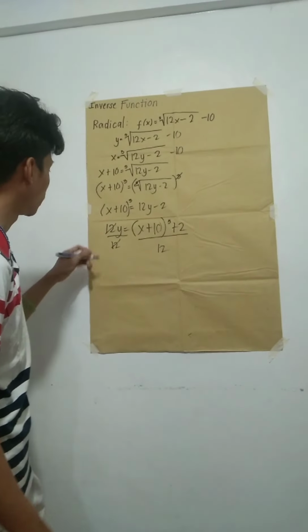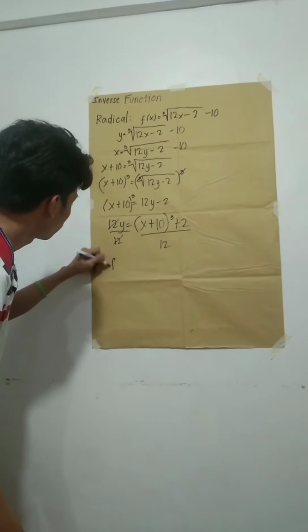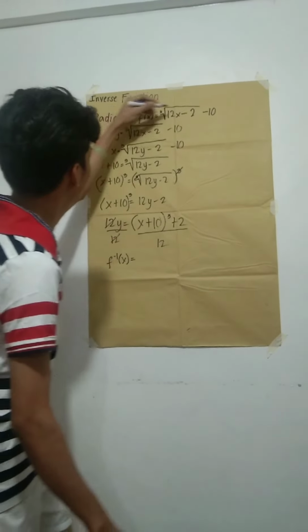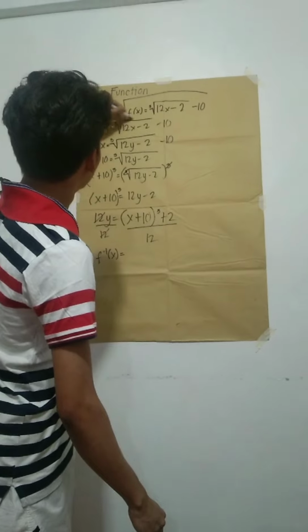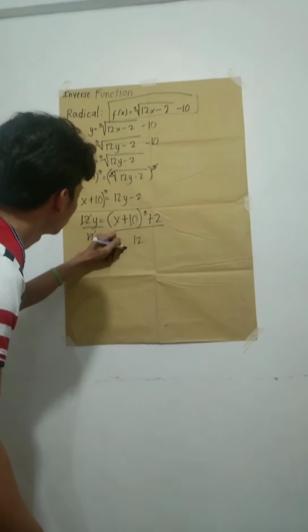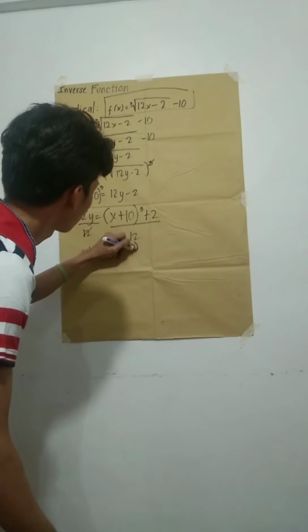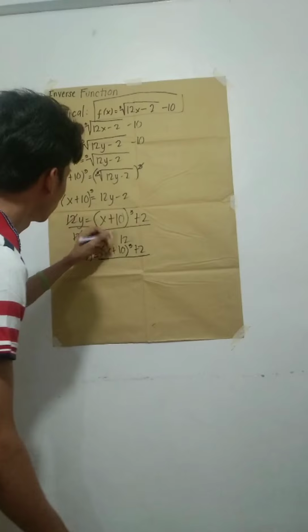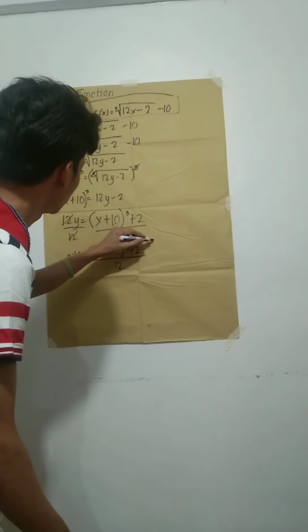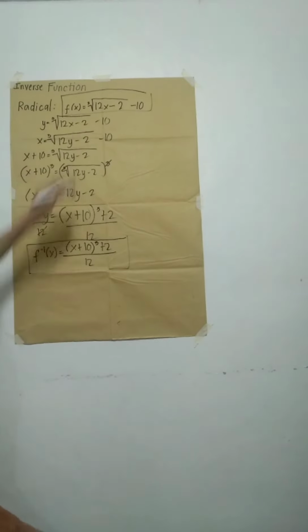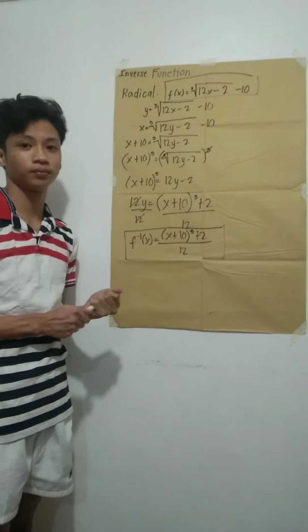So that's now the answer. F raised to negative 1 of x, or the inverse of this one, is (x plus 10) raised to the power of 3 plus 2, over 12. That's now the inverse of the radical function.